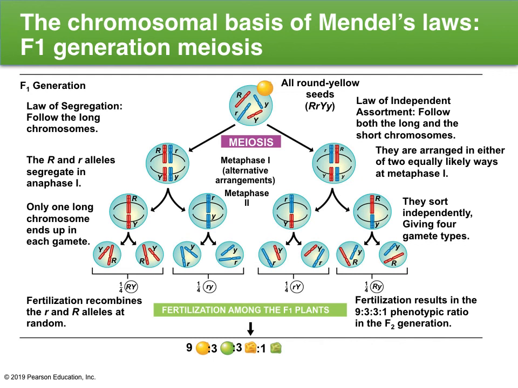Then if you go to metaphase 2, because the dominants did remain on one side, the recessives on another, only one type of chromosome is going to wind up in each gamete. It's only going to be the dominants, or only going to be the recessives. Once this divides up, there's your gametes: 1/4 is 2 copies of the dominant, 1/4 is 2 copies of the recessive.